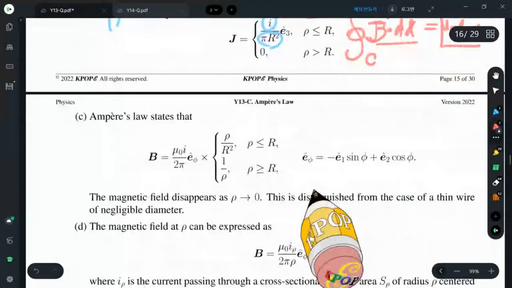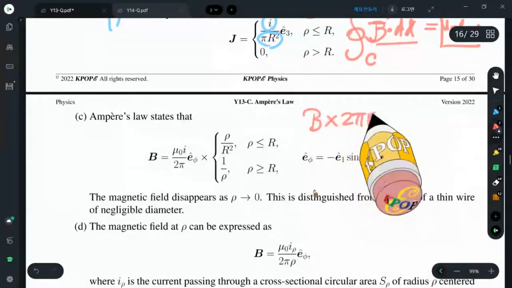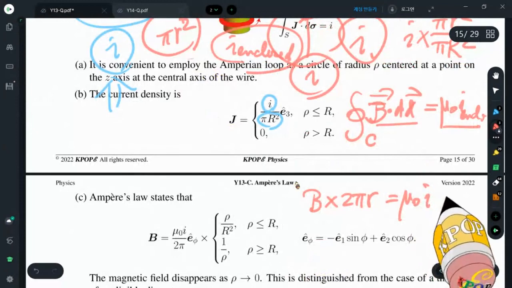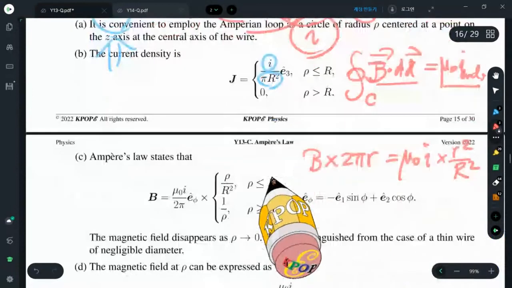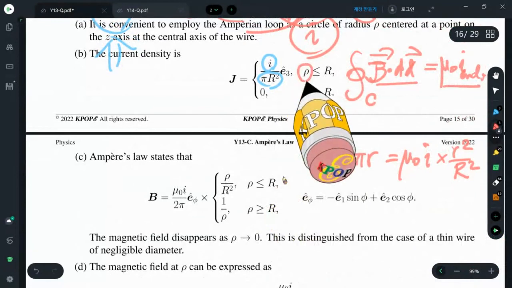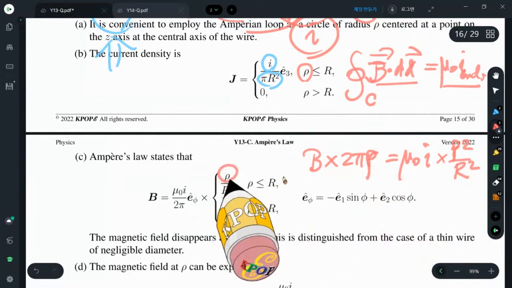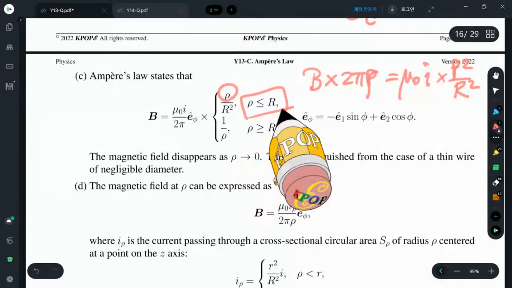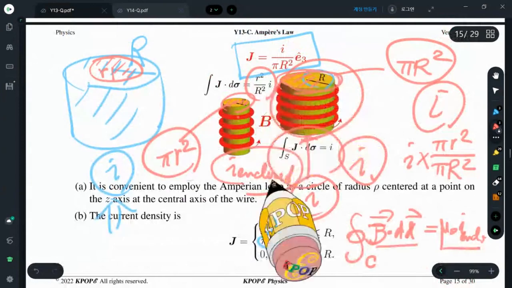And from here, we have B times 2 pi small r equals mu 0 times enclosed current, I small r squared over capital R squared. Here we used the rho. We find rho dependence in the numerator inside the radius of this big cylinder.